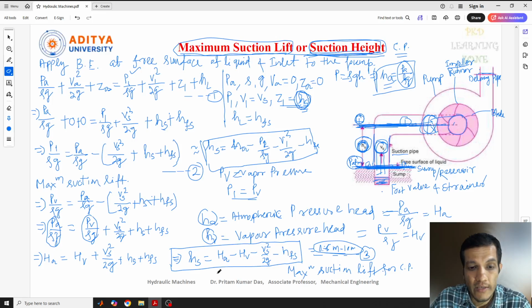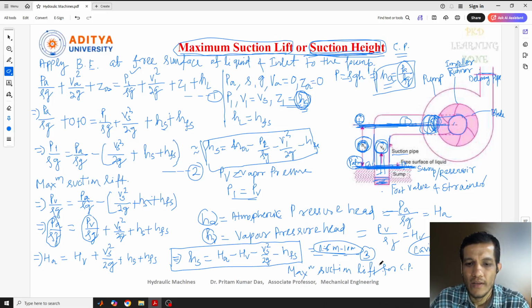If the suction height of any kind of pump is more than this value, vaporization of the liquid will take place at this point. If vaporization takes place, obviously we know that cavitation occurs. So to avoid cavitation, we have done all these things.